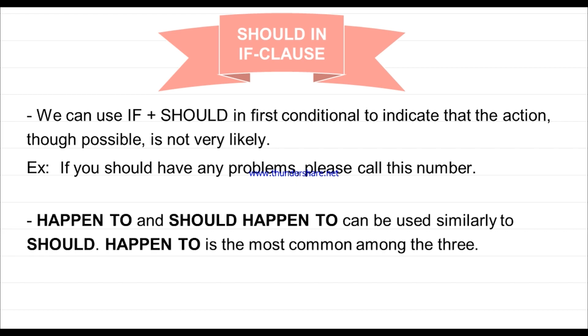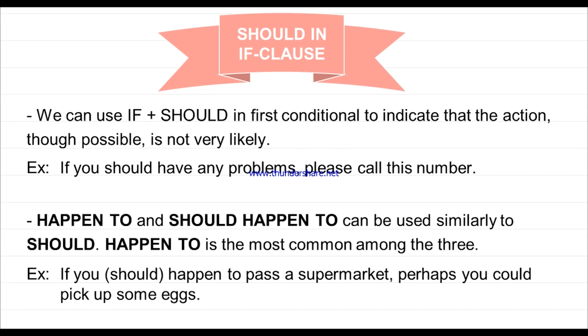And happen to and should happen to can be used similarly to should, and among the three, happen to is the most commonly used. For example, if you should happen to or happen to pass a supermarket, perhaps you could pick up some eggs.